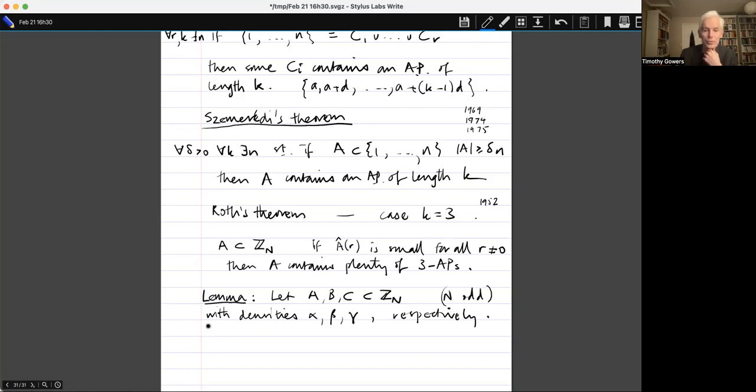And we're going to suppose that n is greater than 2 over alpha beta gamma. As usual, I reserve the right to change these sorts of things, and they're not very important.